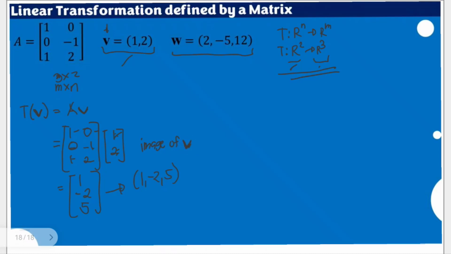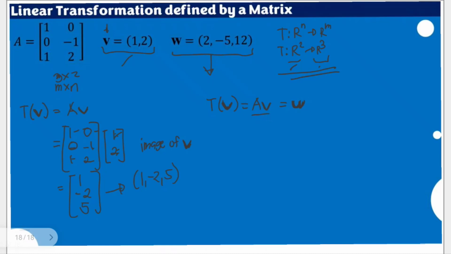Now for the pre-image of our vector W, we still need to use the same transformation. So we have the linear transformation of vector V equal to A times our vector V. This is actually equal to W, because vector W is the image of this.